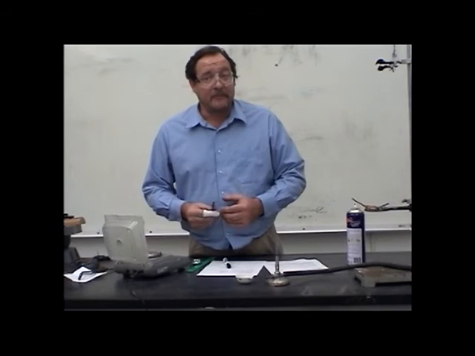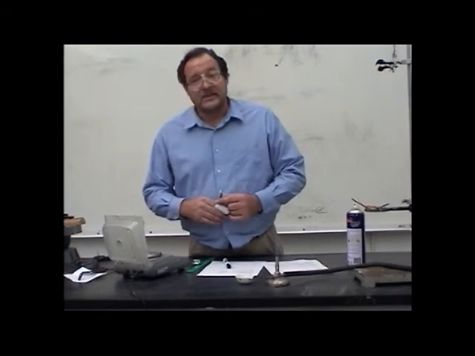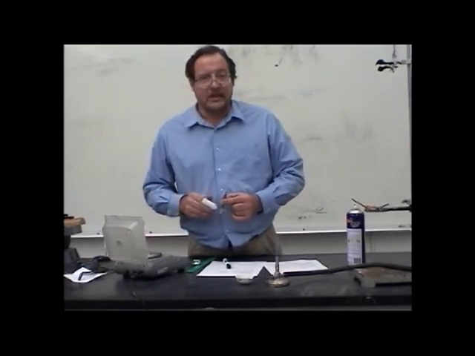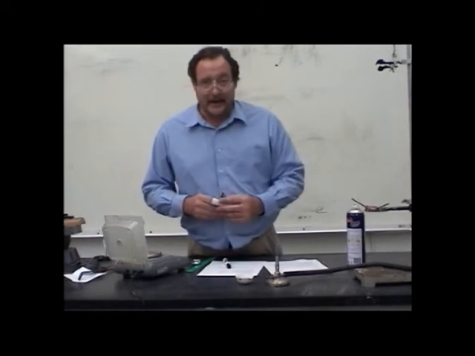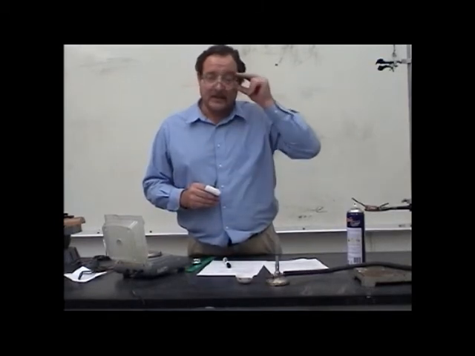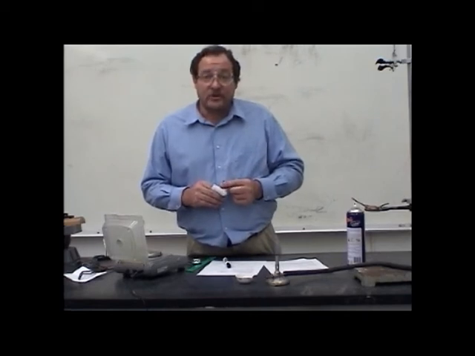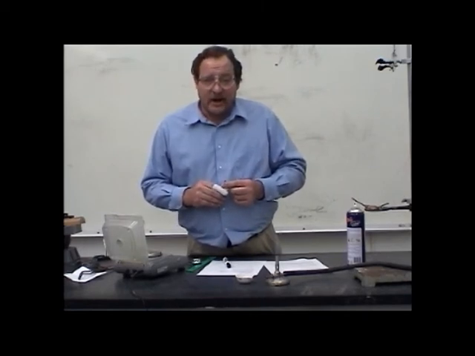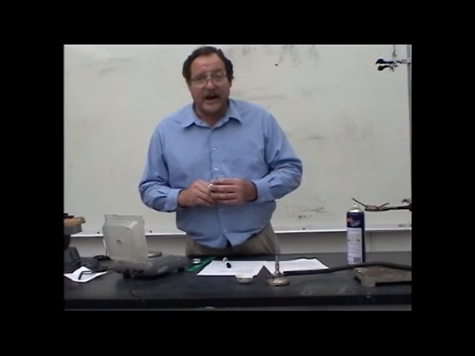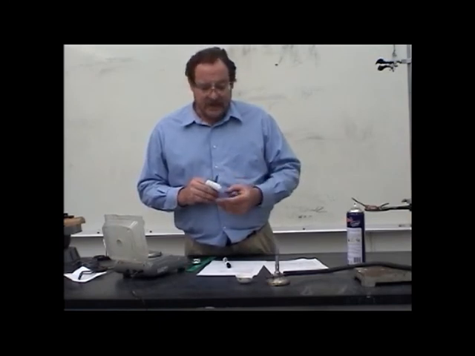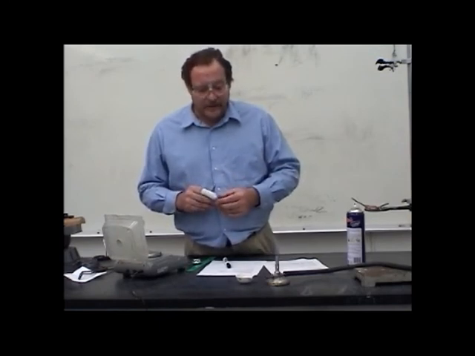Now if you spill a lot, then you're going to need to cut off another piece of magnesium and do the burn over again, making sure that you clean and dry your crucible. Again, the crucible or the evaporating dish has to be dry, so that it does not measure water weight.